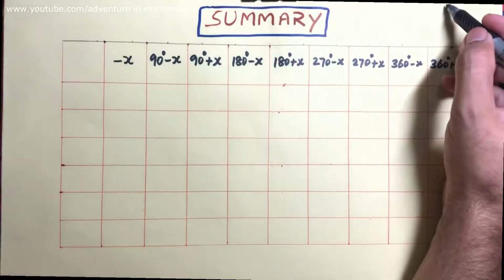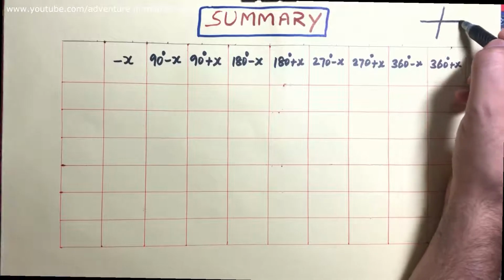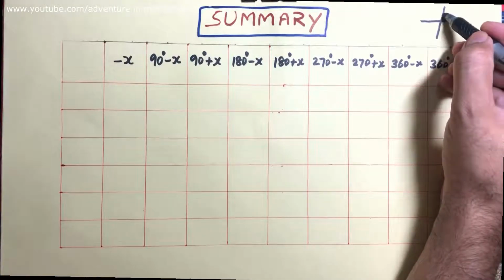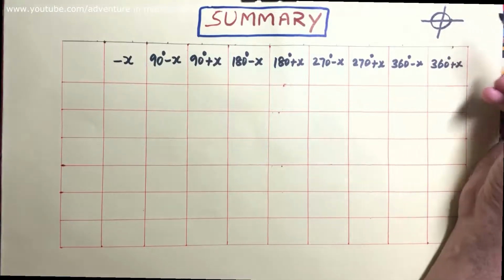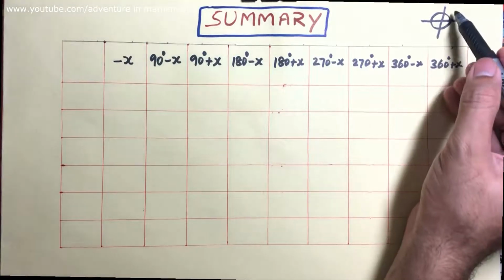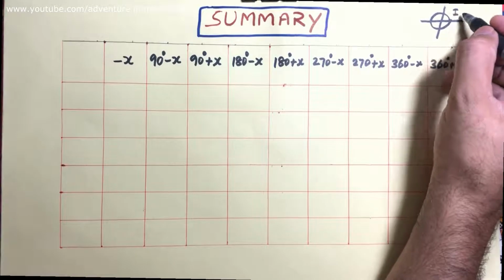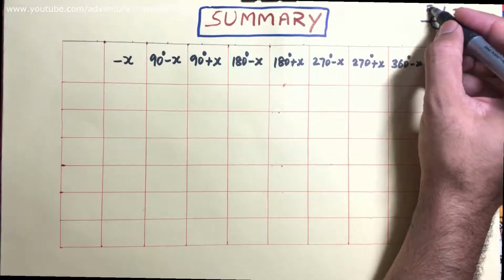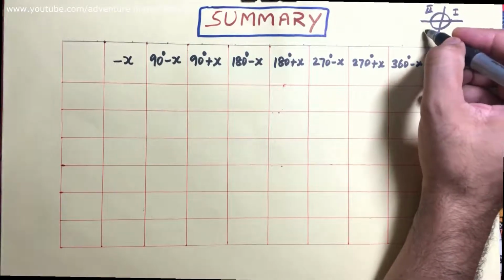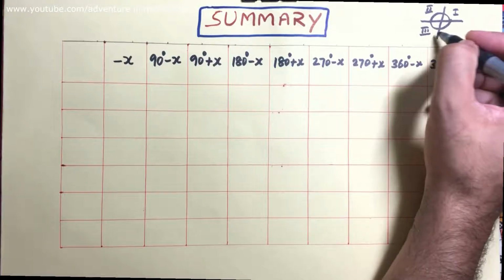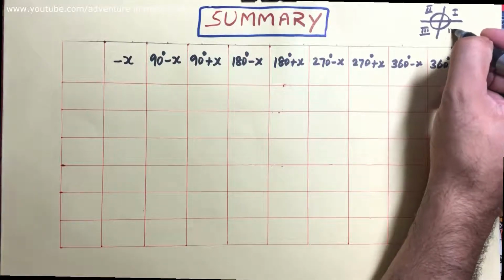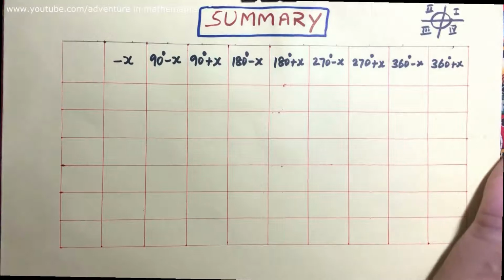So this you can easily check by drawing a diagram. So here, when we are less than 90, we are in first. When we are less than 180, we are in second. When we are less than 270, we are in third. And when we are less than 360, we are in fourth.